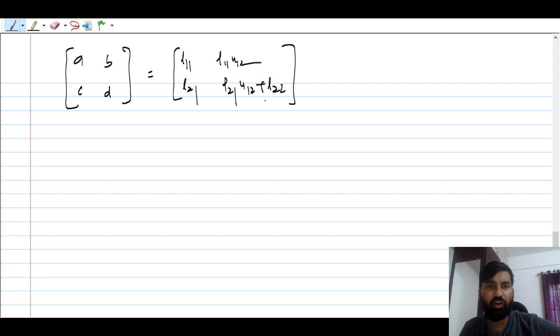So suppose you got this kind of matrix after multiplication. Now how can you say that these two matrices are equal? I think I discussed this in the beginning, in the basics of matrices.